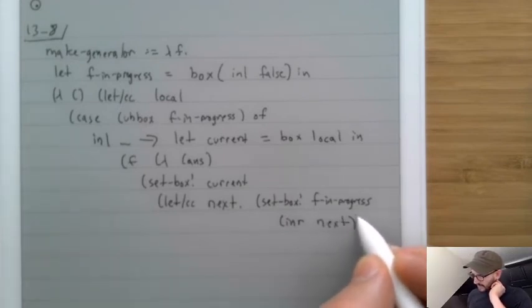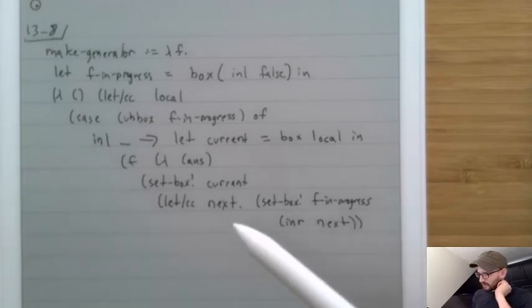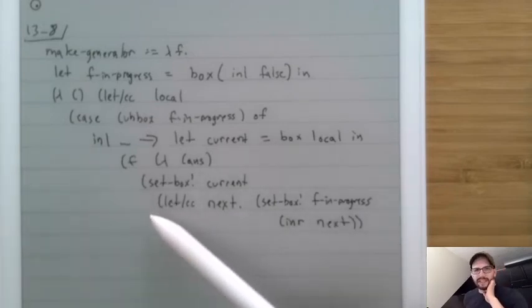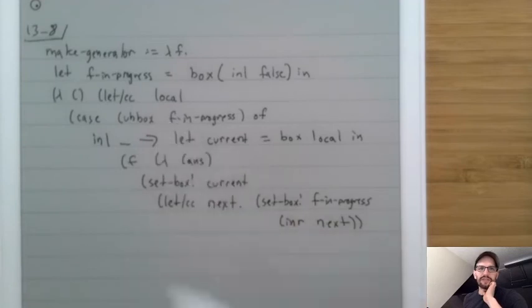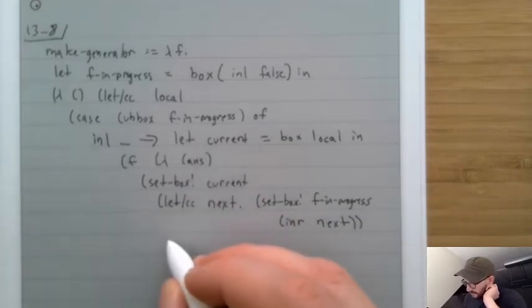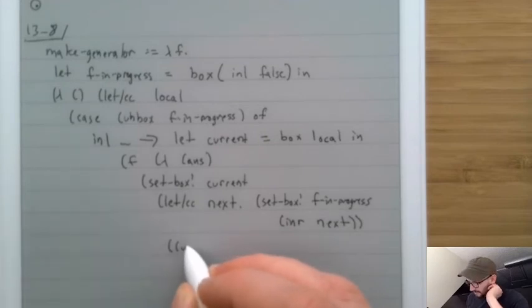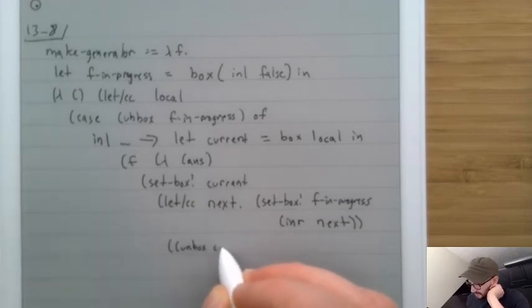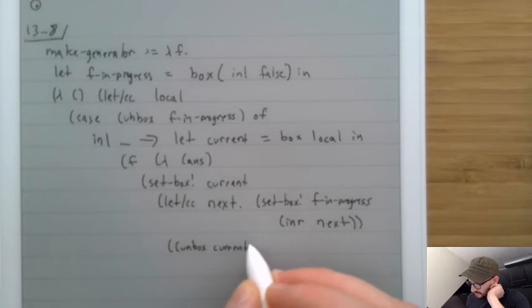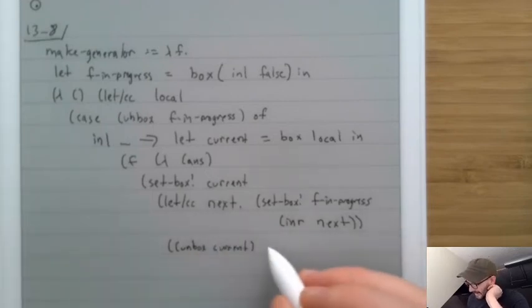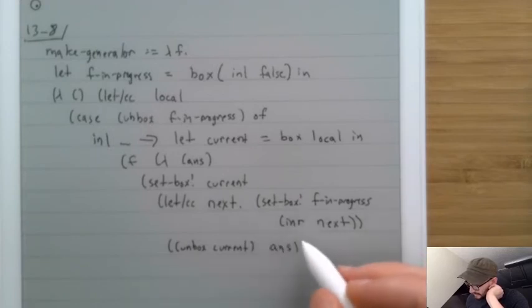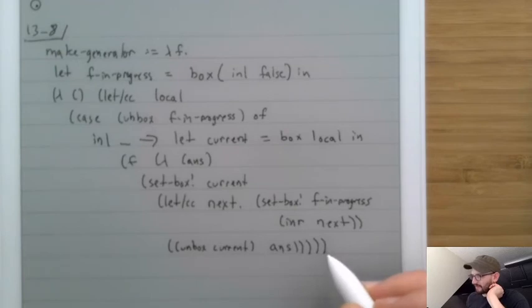So we're going to close that, close the set box. So now what we're doing is saving this particular call location for the next time it's called. Then we are going to unbox the current. This is before the result of calling this, and send it the answer. Close that parenthesis, close the let, close the set box, close the lambda, close the f.